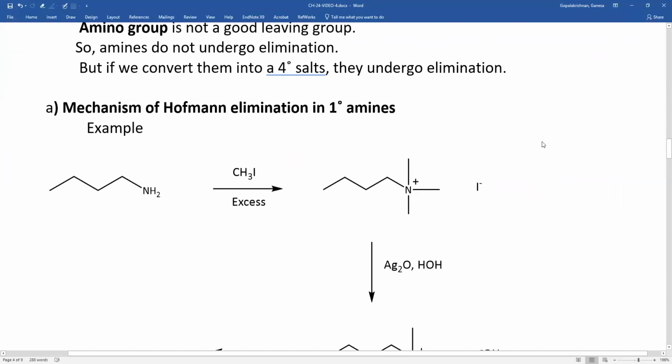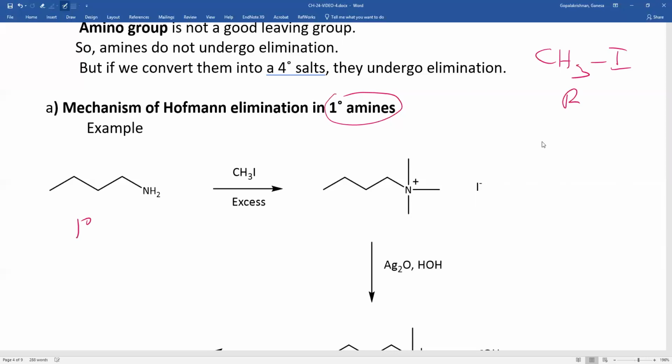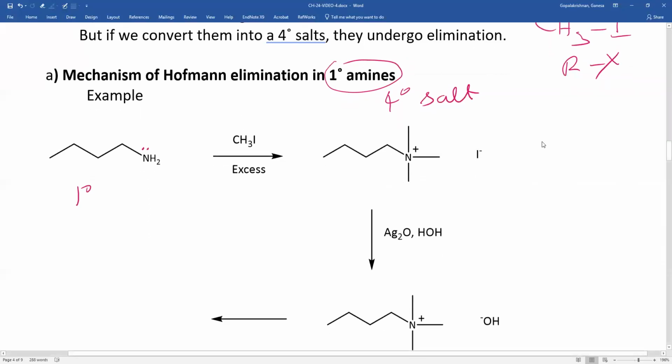In the primary amines, this is the mechanism. It's a primary amine. You treat it with excess of methyl iodide. Methyl iodide is an alkyl halide. If we treat it with excess of alkyl halide, it replaces 2 hydrogens and also reacts with the lone pair. It forms a quaternary ammonium salt. We are going to treat that with the silver oxide and water mixture.